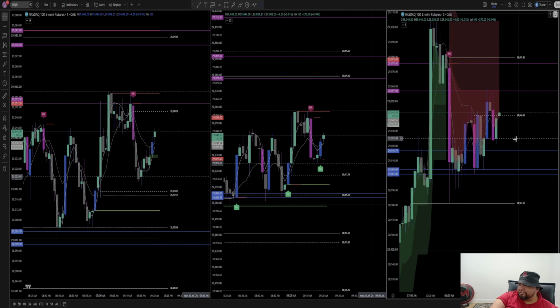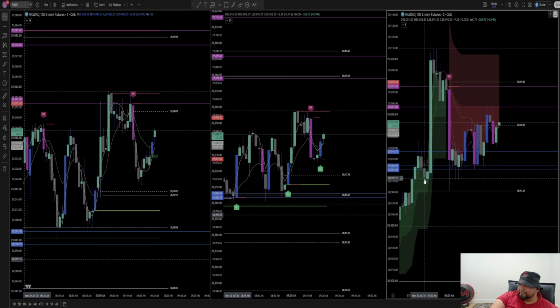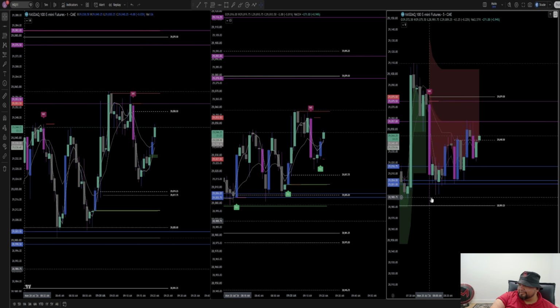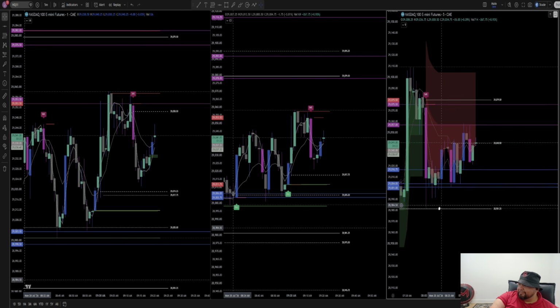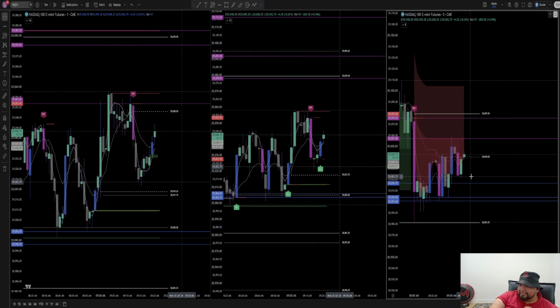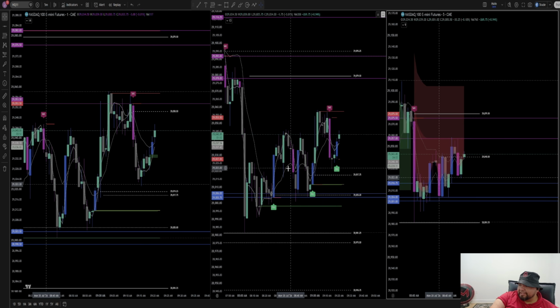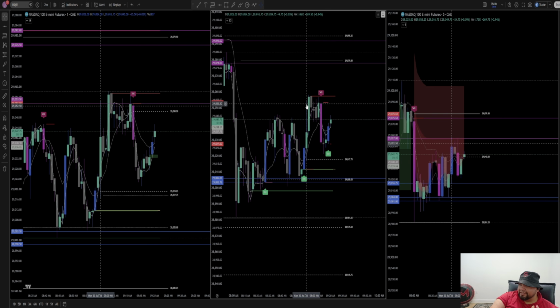The 5 is kind of trapped, it looks a little undecided. It did break this little peak earlier. That 80 level held. It's slowly grinding up a little bit. The blues are obviously still getting respected while the purples are breaking here and there.